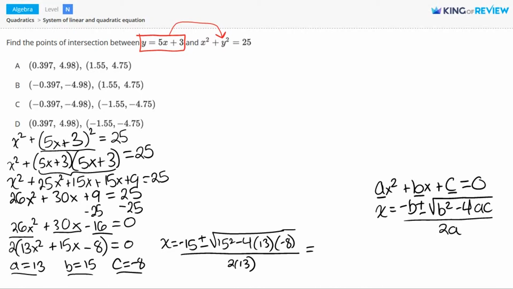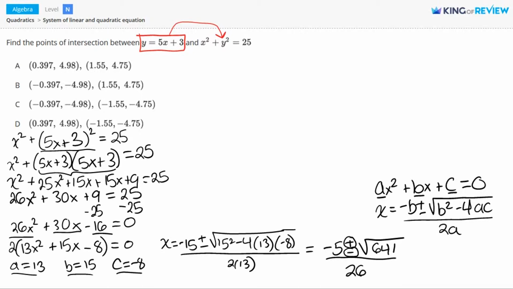When you simplify, you get negative 15 plus or minus the square root of 641, and this is all divided by 26. Now you're going to get two values for x. One is calculated using the plus sign, and the other is calculated using the minus sign.